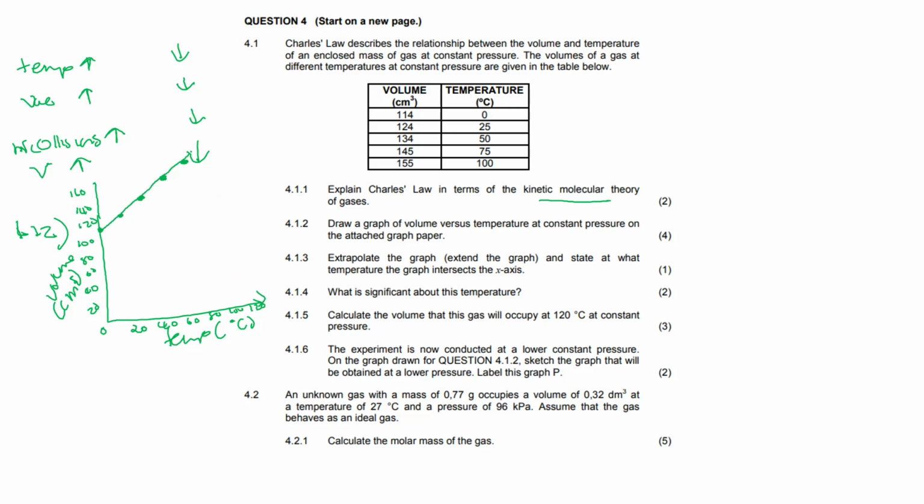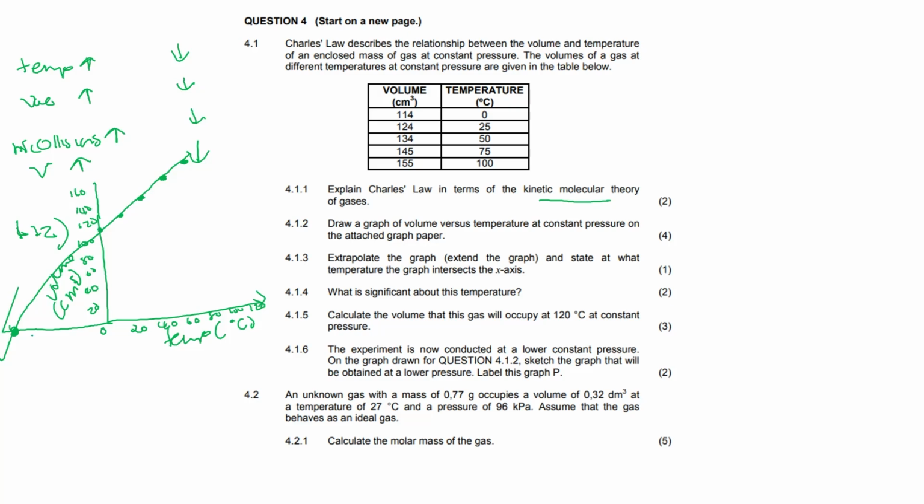Okay, then they want us to extrapolate this graph and state at what temperature the graph intersects with the x-axis. Just going to extrapolate my graph, and then I'm going to bring down all the way down here. What would be that point there? That point we would call the absolute zero. And what is at the absolute zero?